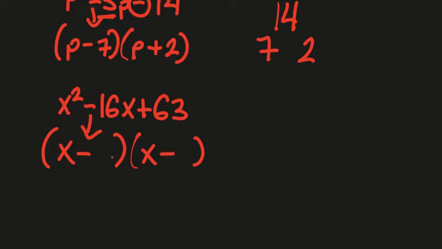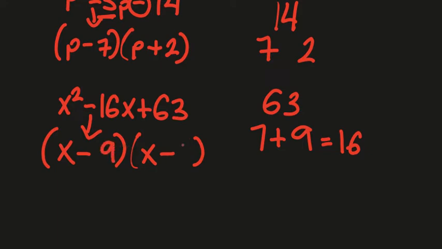Negative times a negative is a positive. And then we're going to ask ourselves what are factors of 63 that add to make 16. We have 7 and 9. When we add these two factors, we get 16. So the bigger number always goes first, and we have x minus 9 times x minus 7.